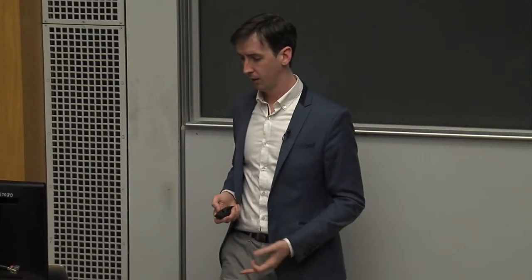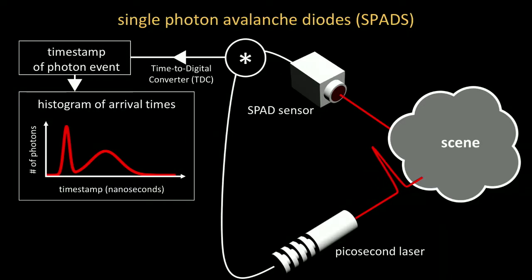Now, this process is typically repeated multiple times. In our case, I'm going to show you experiments where we repeat this process 10 million times a second. After, say, 1 second, you get 10 million events that represent photons that hit the sensor at different instances in time. What you output from the sensor is a histogram of the distribution of arrival times for these photons striking the sensor.